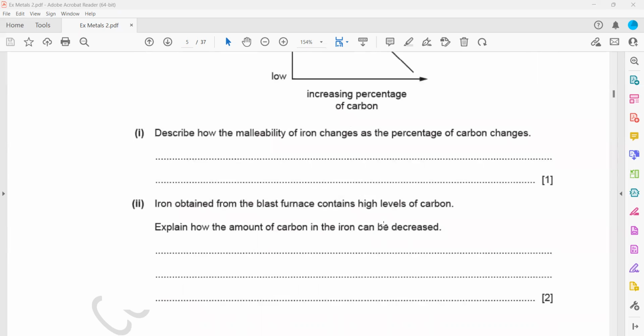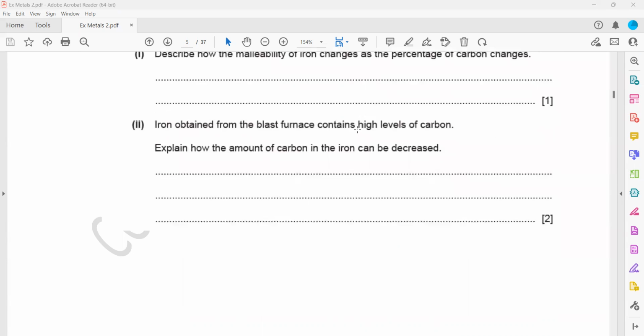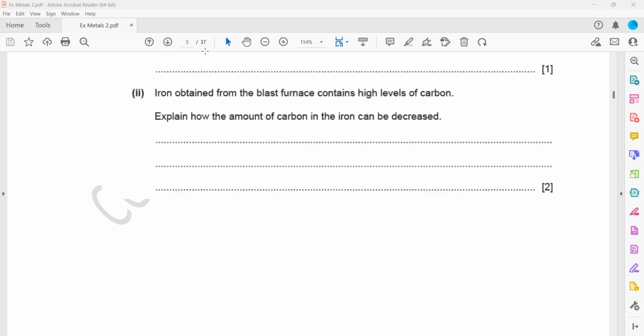Iron obtained from the blast furnace contains a high level of carbon. Explain how the amount of carbon in iron can be decreased. That is the basic oxygen furnace.